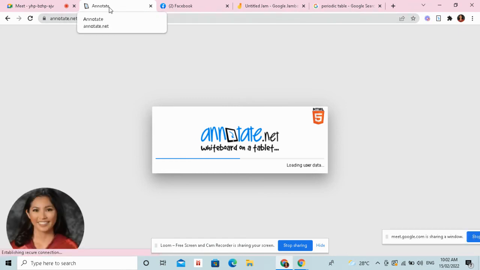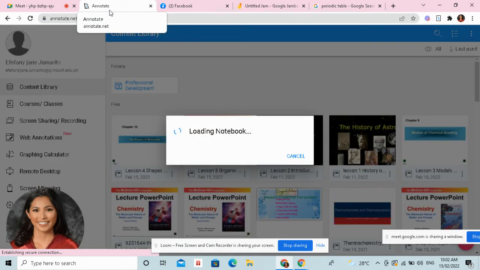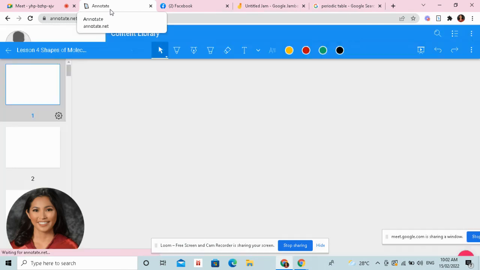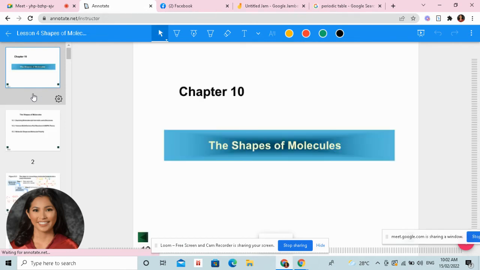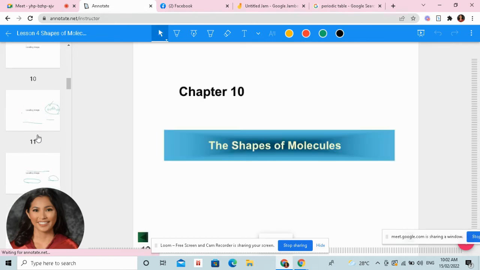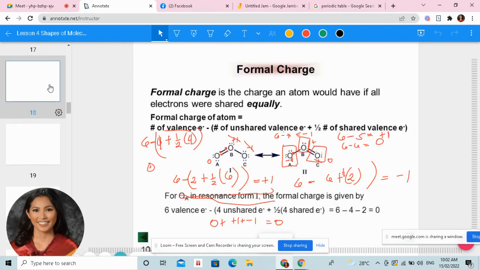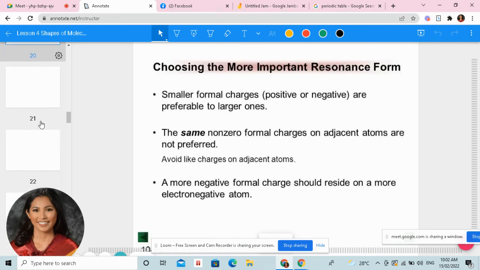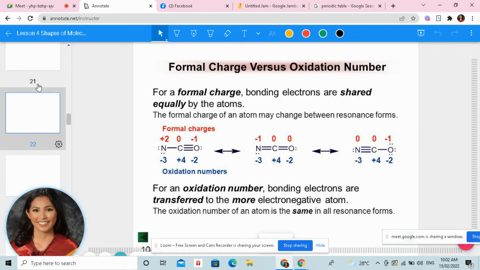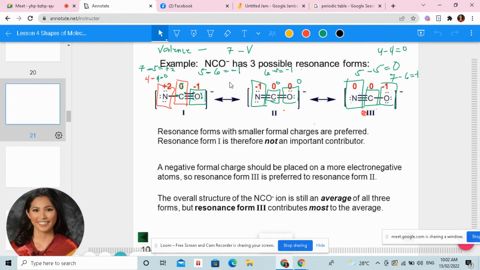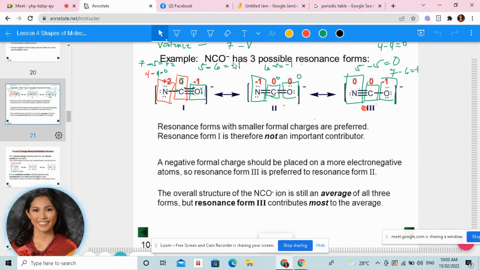Let's go back to the formal charges. Okay, the formal charge is the valence electrons minus the electrons assigned in your box.